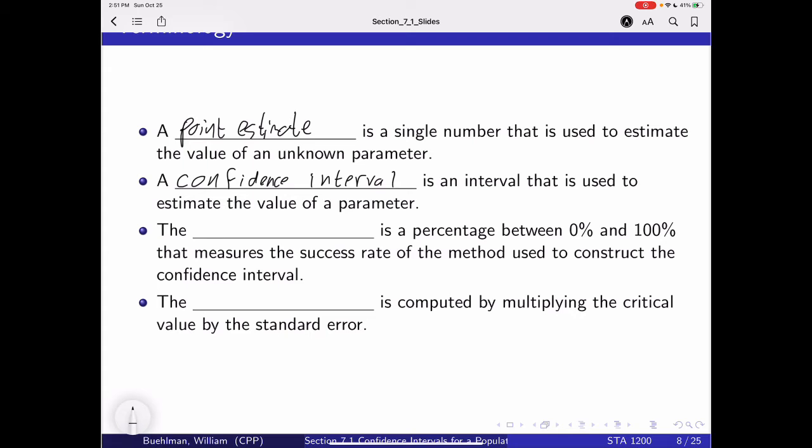The confidence level is a percentage between 0 and 100% that measures the success rate of the method used to construct the confidence interval. The margin of error is computed by multiplying the critical value by the standard error.